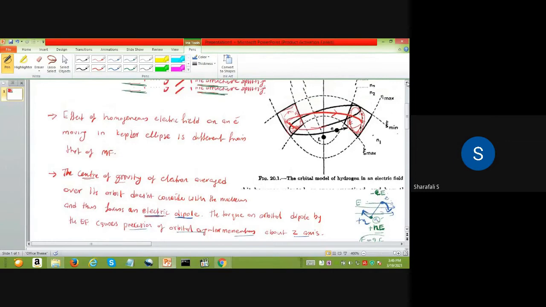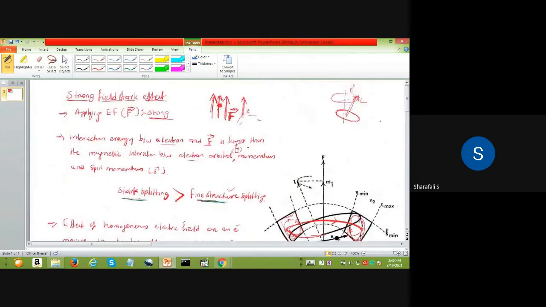Initially we have the nucleus and electron coinciding. Let me draw it like this: electron and nucleus coincide.